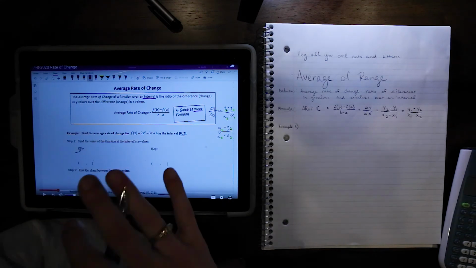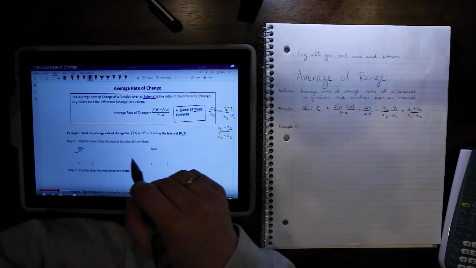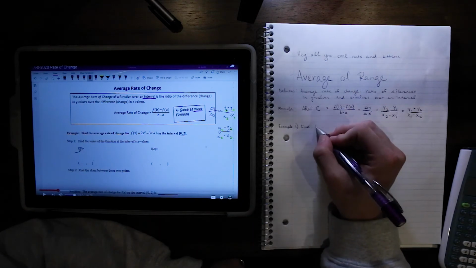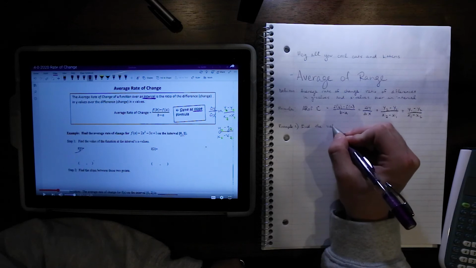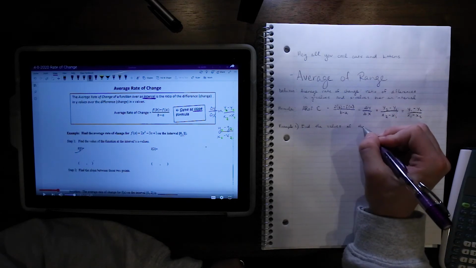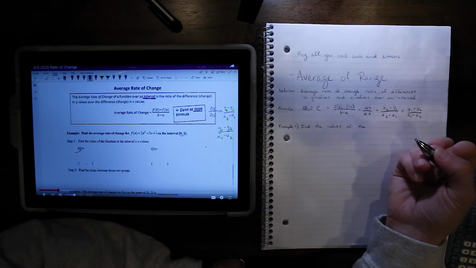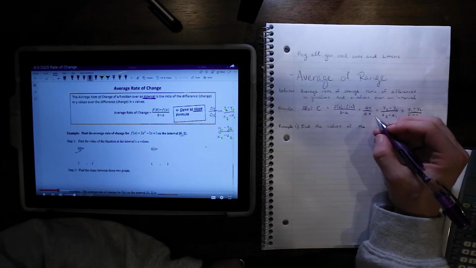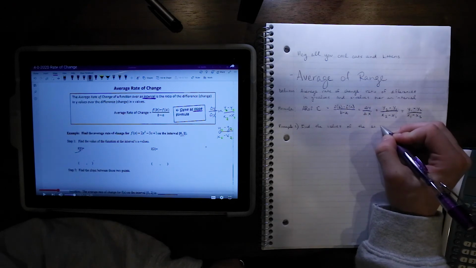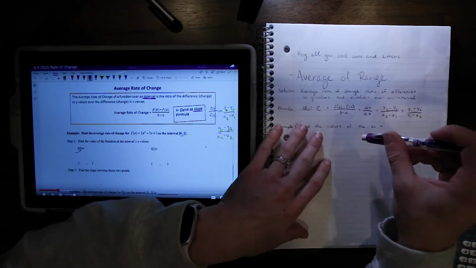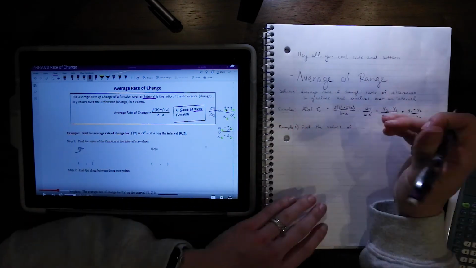With examples, you do want to write down the instructions. Okay, because you need to know what the heck am I doing when I'm doing this example. So find the values of the function at the x values.